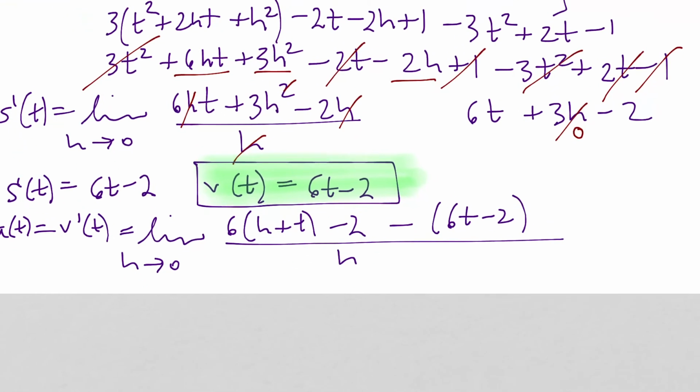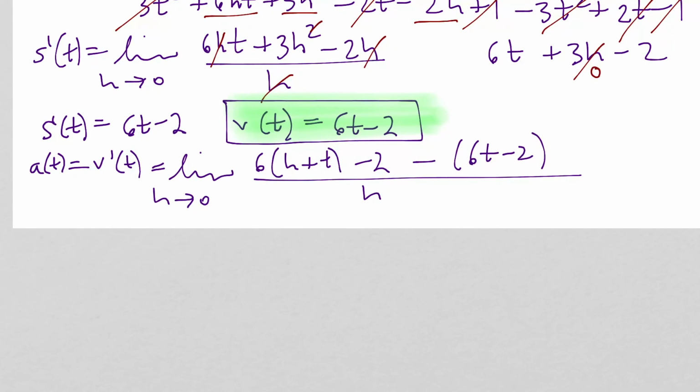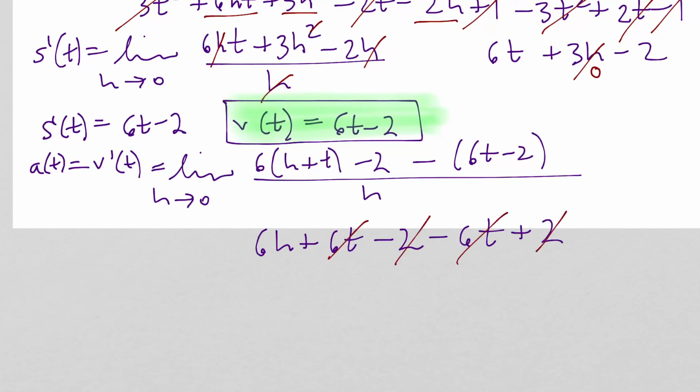All right, so let's get this simplified. So in the numerator, I've got 6h plus 6t minus 2 minus 6t plus 2. Cancel, cancel, cancel, cancel. So I've got 6h over h.